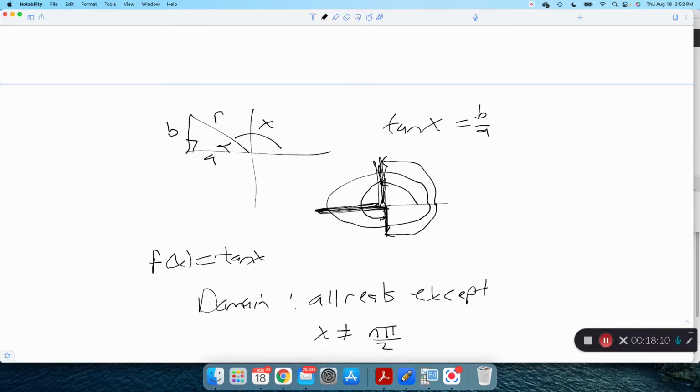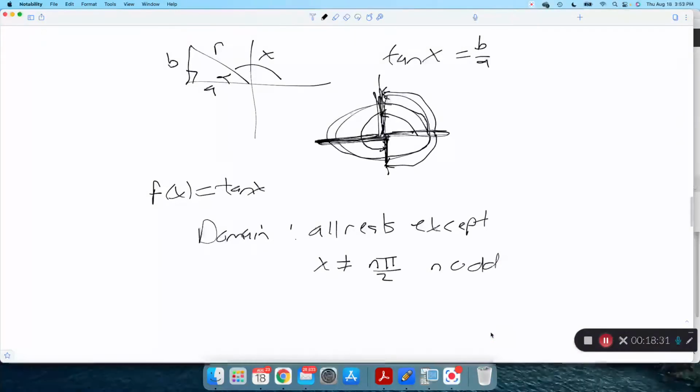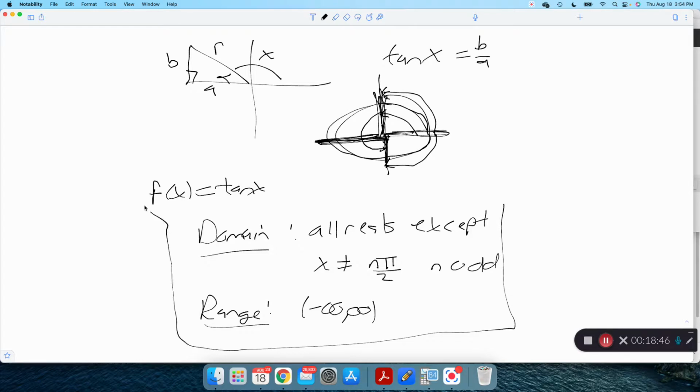A's not 0 here. B is 0, but so what? You can have 0 on the top. 3 pi over 2, here's 4 pi over 2, this would be 5 pi over 2. That's bad again. Any odd pi over 2. And then we'll talk about this later once we get the graph. Let's just write this down for now: the range of tangent is all real numbers. And we'll see that once we get the graph.